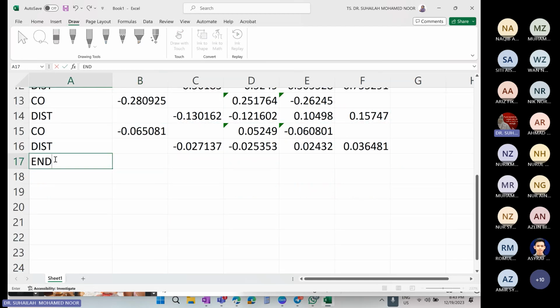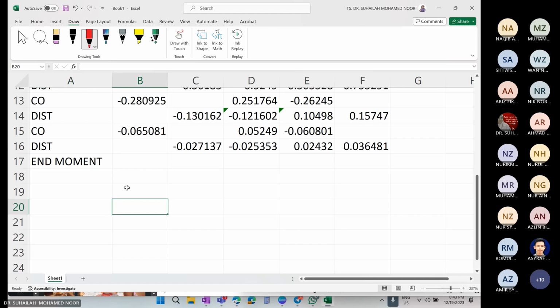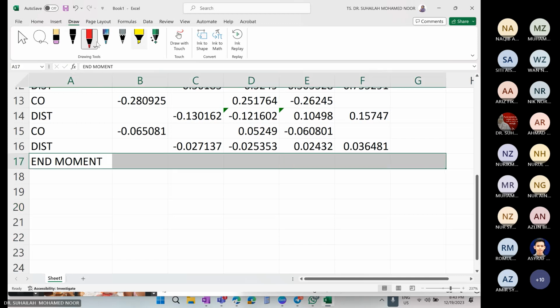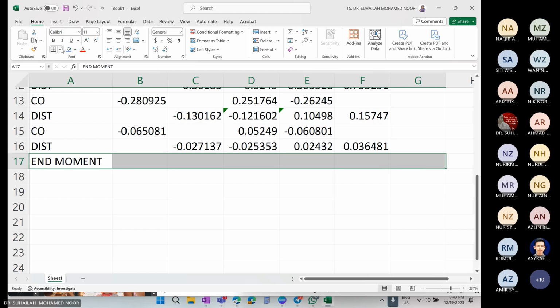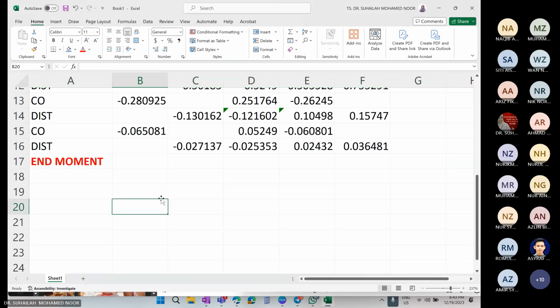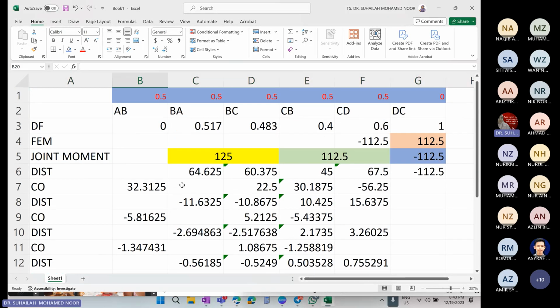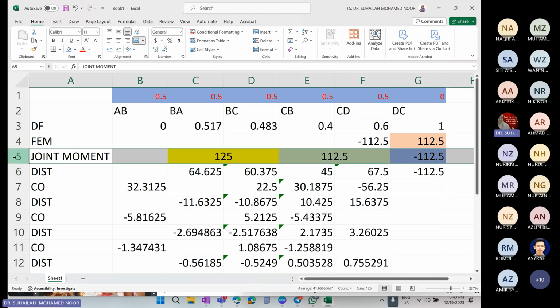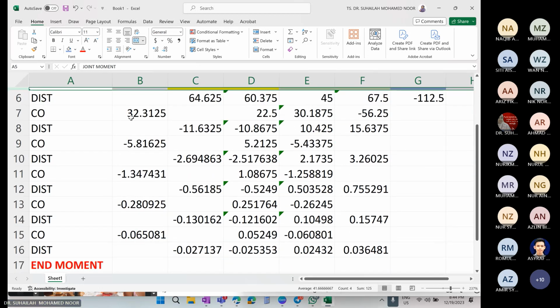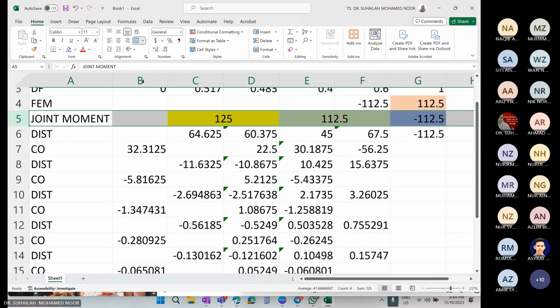Okay, now the end moment. So we total all the moment, excluding the joint moment line. We don't include this. Total starts from FEM.